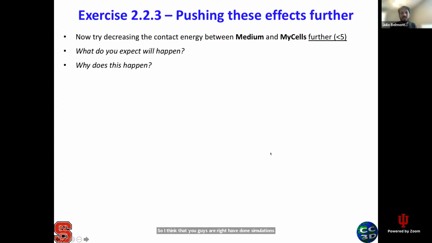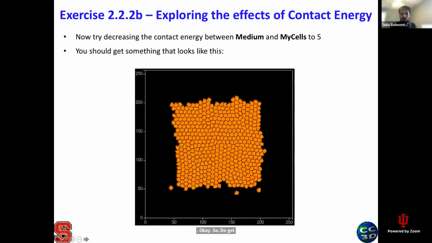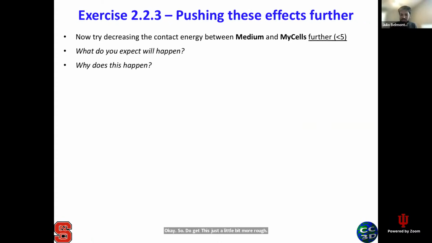Do you get just a little bit more rough, or a more drastic change? Drastic, okay. What do you get at the end?